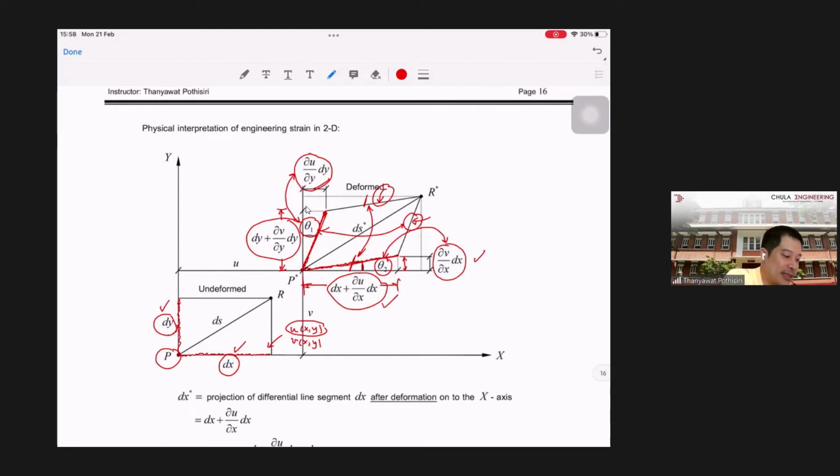This side and this side. So basically, you have these two vectors, and you construct this parallelogram based on these two vectors, just as you have this differential side dx and dy, and you construct this based on these two vectors as well.